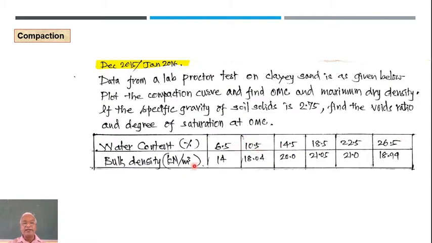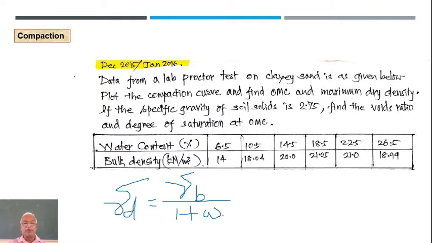Now bulk density gamma b is directly given, right? Once gamma b is given, you know that gamma b divided by 1 plus w gives gamma d. So this is the expression for gamma d calculation, right? Dry density is equal to bulk density divided by 1 plus w.